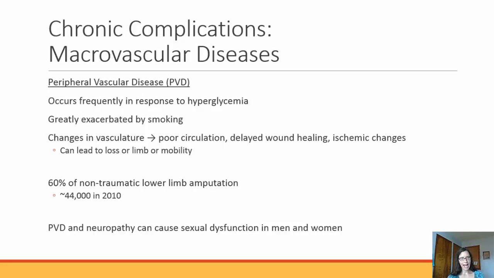And because we don't have the oxygen and the nutrients that are being delivered by our major blood vessels, this can lead to basically killing off of the tissue, which can lead to a loss of limb or loss of mobility. And peripheral vascular disease can also lead to sexual dysfunction. So it's obviously a quality of life issue.